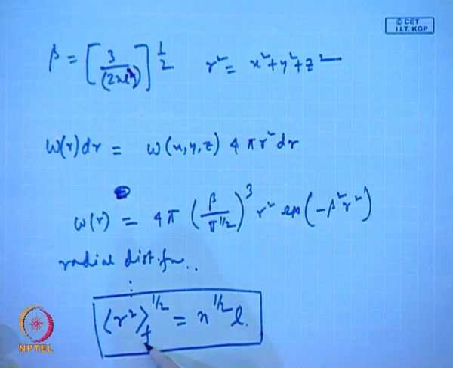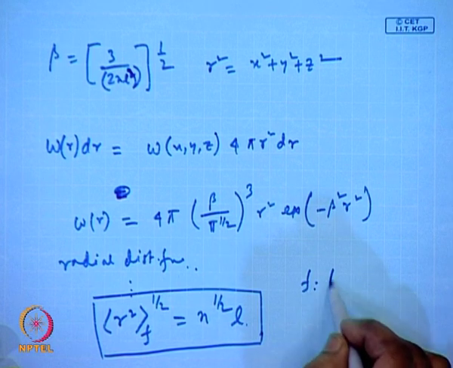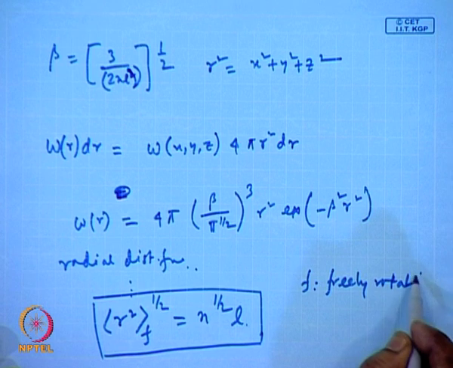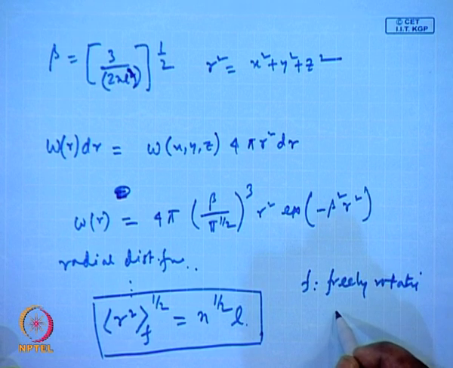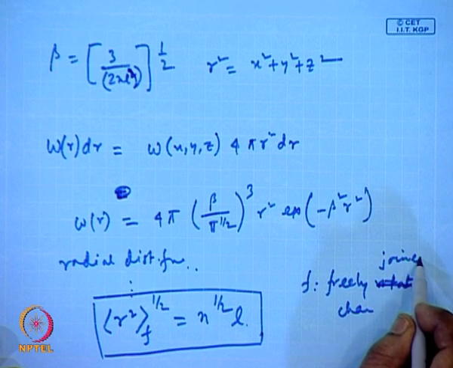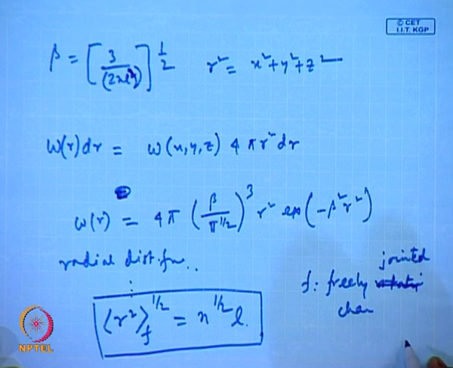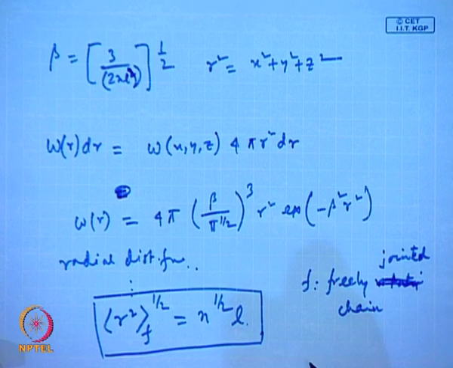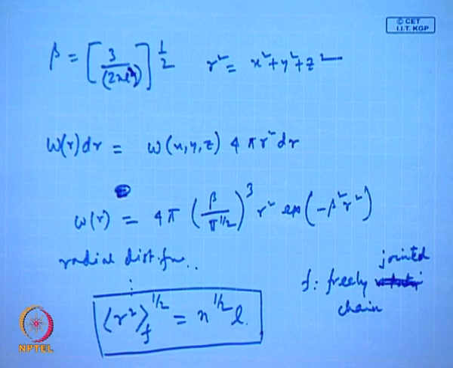Now, this subscript f we are mentioning as for a freely rotating chain or freely jointed chain. A freely jointed chain does not have any restriction of bond angle and bond rotation.